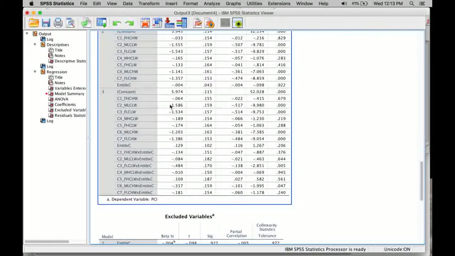So their PCI score goes down by 1.59 if you're in the male low competence, low warmth group.